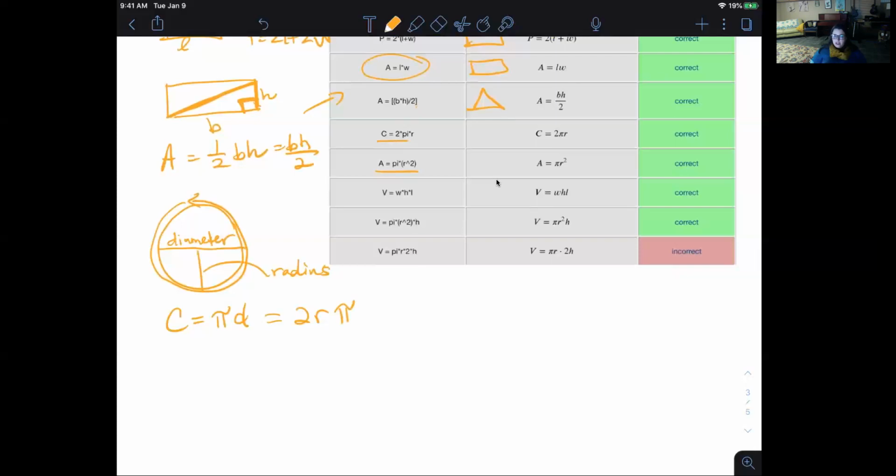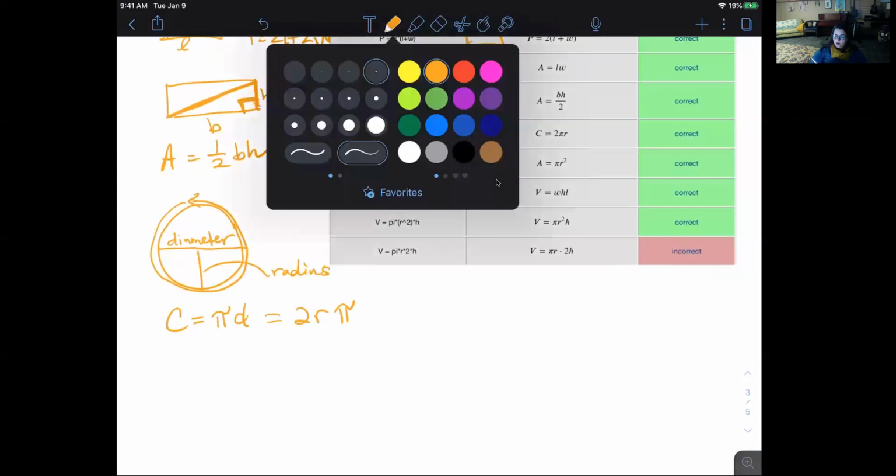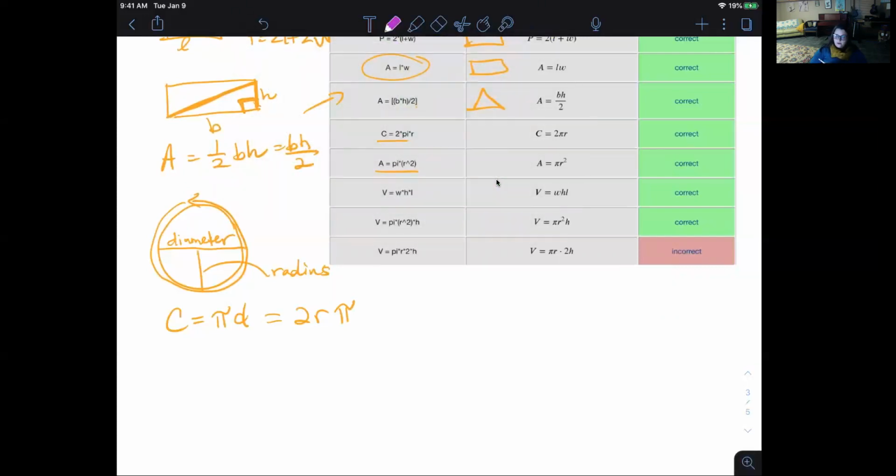Since pi is approximately 3.14, and it goes on for infinity, that means this diameter fits around the outside of the circle a little more than 3 times. There's 1, 2, 3 diameters, and then approximately 0.14 diameter.